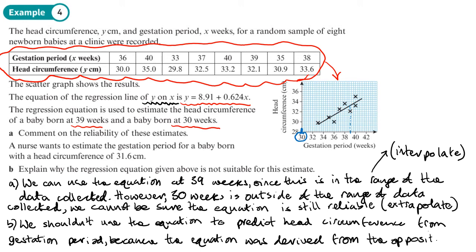Yeah, it was derived from the opposite. In other words, the equation came from looking at the gestation period and measuring the head circumference, not from measuring the head circumference and then working out what the gestation period was from that.